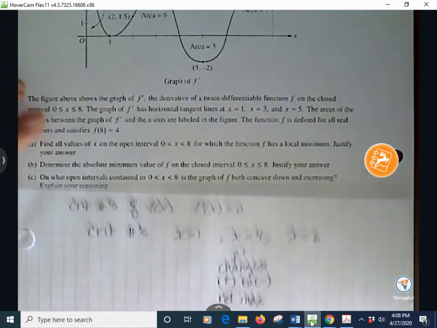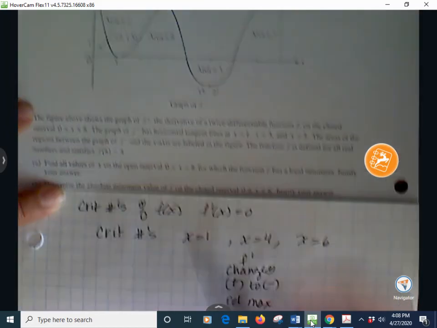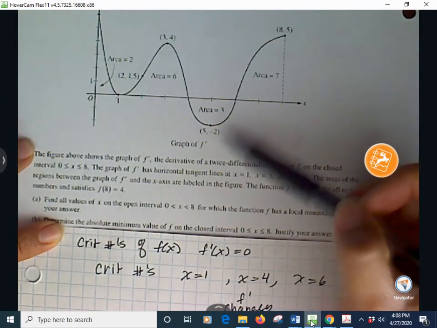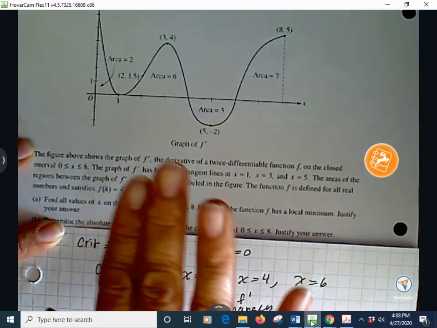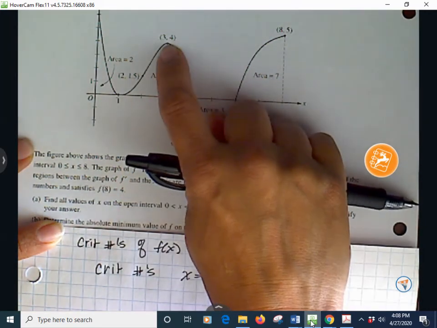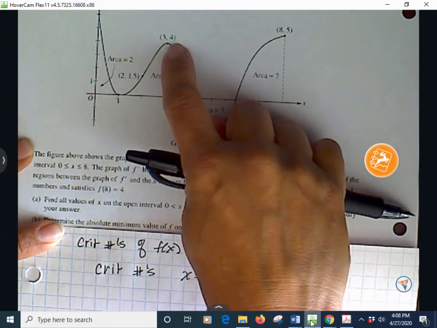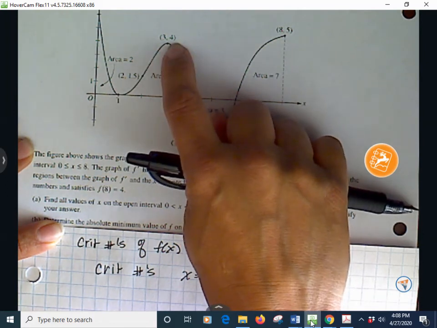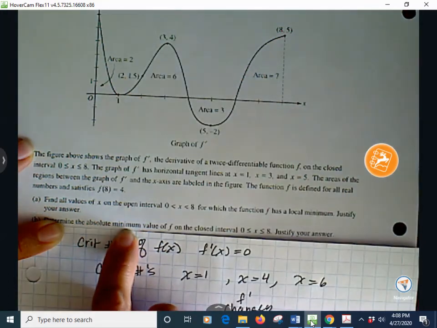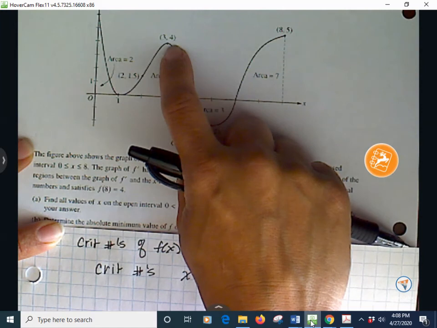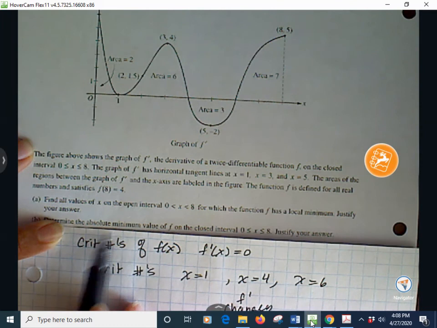Now, we're looking for an absolute minimum. This is the graph of f prime, but I'm just using it as a way to give you a visual. If you have a relative maximum, that in no way is going to be a candidate for an absolute maximum. Or I'm sorry, an absolute minimum. We're looking for a minimum. So a relative maximum would not be a candidate for an absolute minimum.